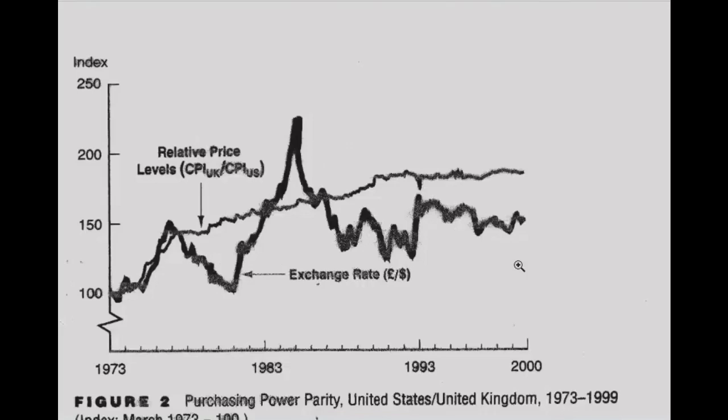And what do you see? First of all, they're not the same. That's very clear. In other words, PPP isn't working, but even though they aren't the same, they never really wander too far from each other, do they?